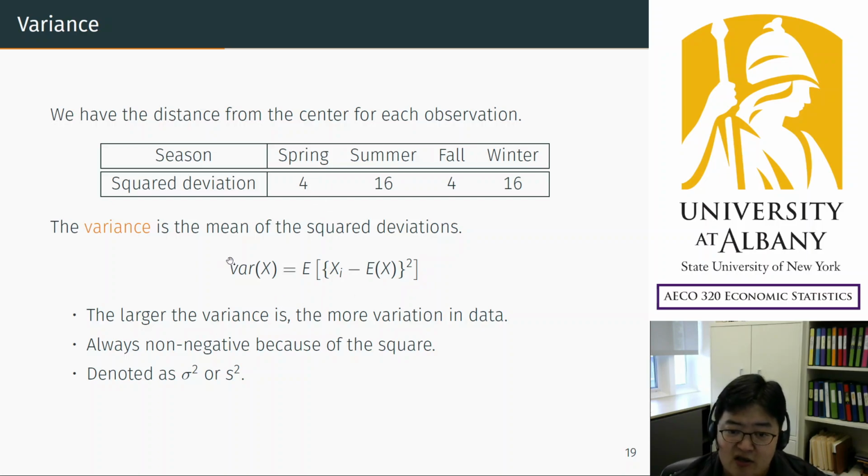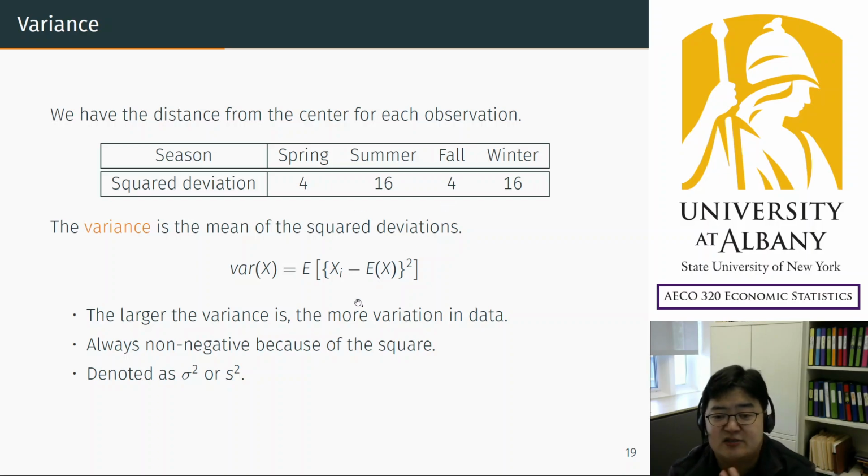Mathematically, you can write it this way. For random variable x, its variance is written as VAR of x, which is the expected value of the deviation squared. Squared deviation, and take the expectation, right? It takes three steps: deviation, square, expectation, right?